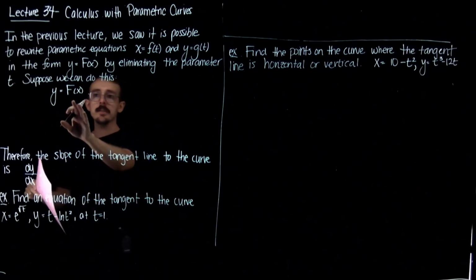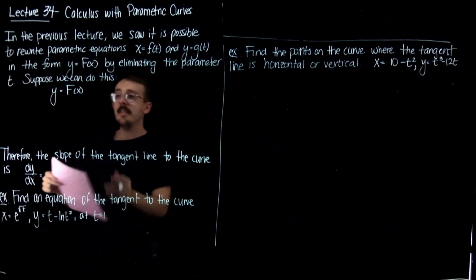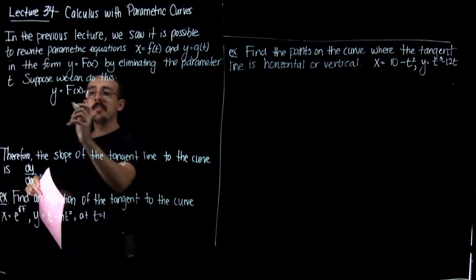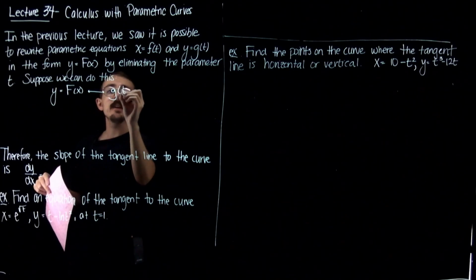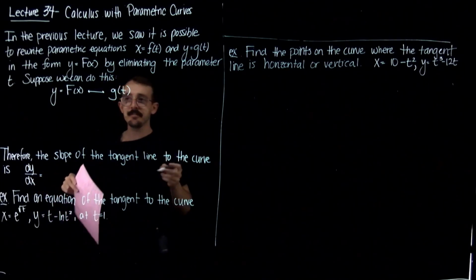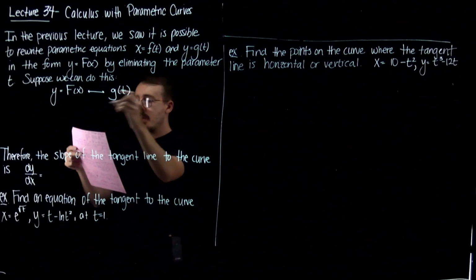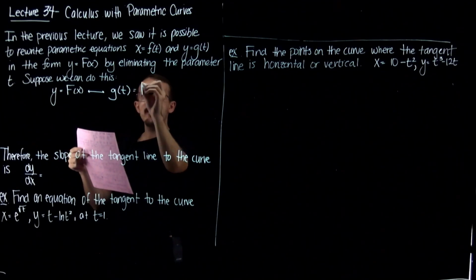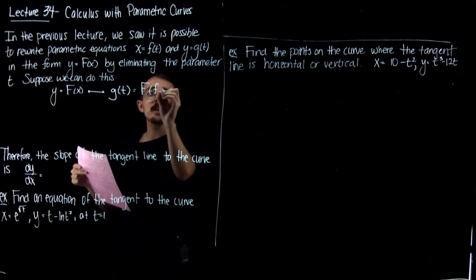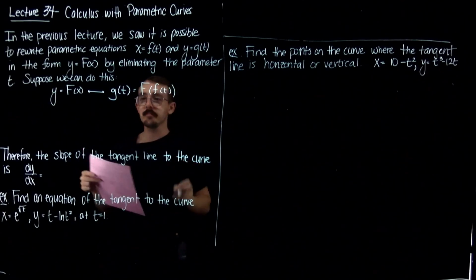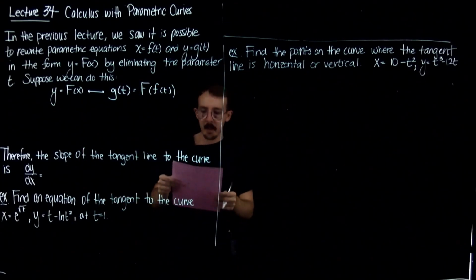So we can write it as y equals capital F of x. And then y is g of t, right? y is a function of t. So that means that g of t is equal to capital F of x, and x is the parametric equation f of t. So that's another way of writing it.